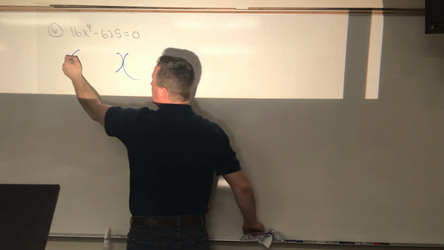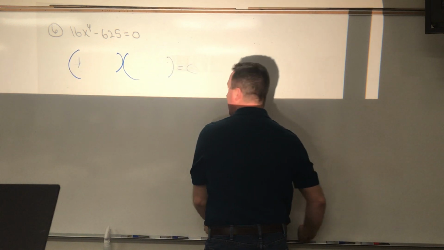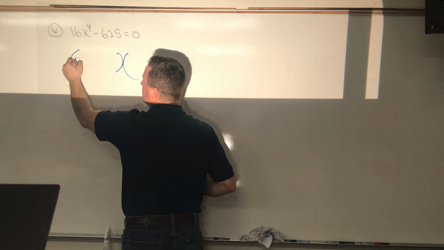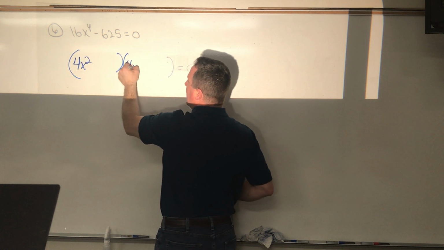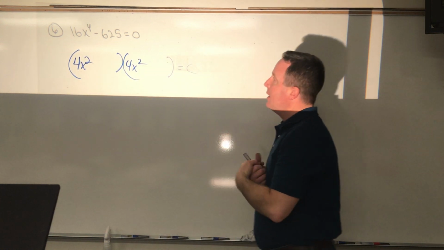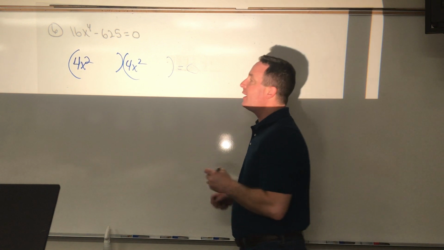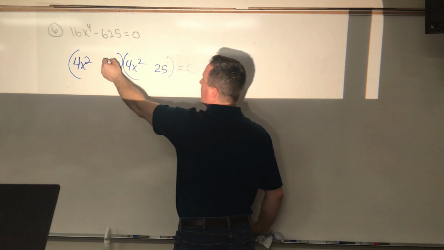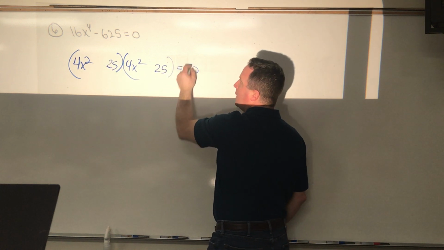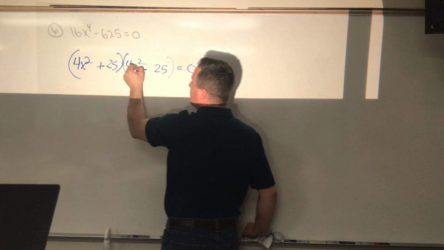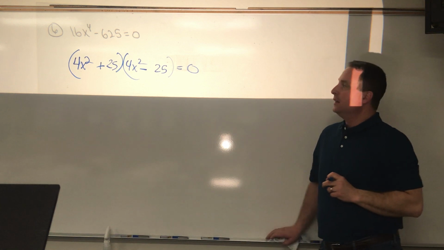The square root of 16 is 4, so it's going to be a 4x squared and a 4x squared. And the square root of 625, if you did that on your calculator, it's going to tell you 25. Because it's subtraction, one is plus and one is minus.